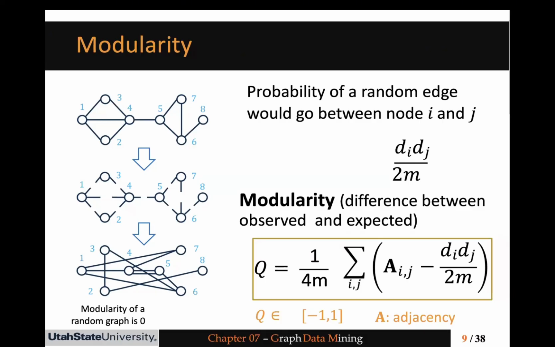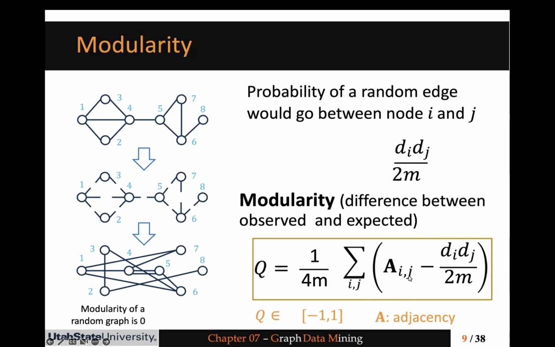Okay, so the formula that you have here computes the difference between the observed and the expected, just like the chi-square test for nominal attribute correlation. Our actual here is the real data in your adjacency matrix.